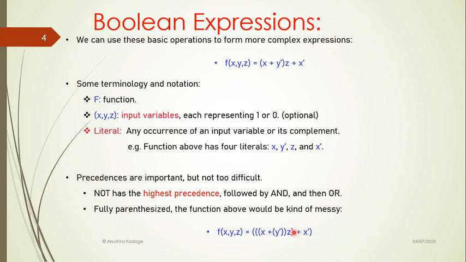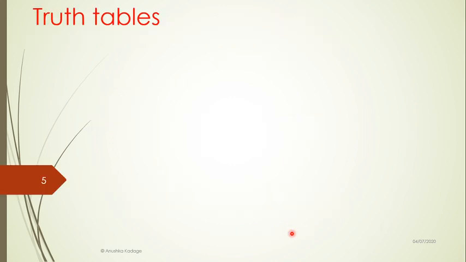But in this particular expression, after having this NOT operations performed, the ORing has to be carried out, because here originally the parenthesis is present, and once this ORing gets completed, then its result has to be ANDed with Z. This is the meaning of the extra parentheses that have been placed in this expression.